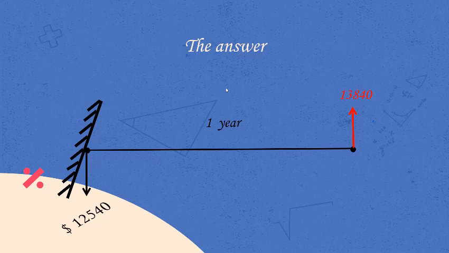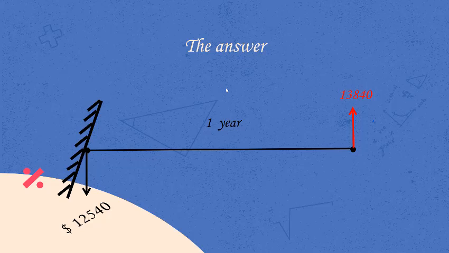To get the net present value, we must subtract the present value of 12,540 from the present value of 13,840, because the net present value equals the present value of inflow minus the present value of outflow.